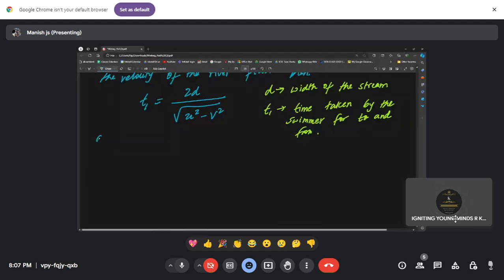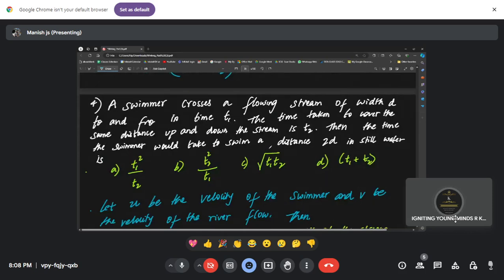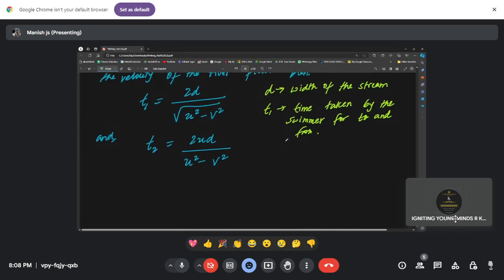Similarly, we can also write, you can write T2 is equal to 2ud upon u square minus v square. So that's the value of T2. Now what is T2? T2 is the time taken by the swimmer to swim the distance 2d, because twice the distance we are saying. So that is how you can write T2. Okay.